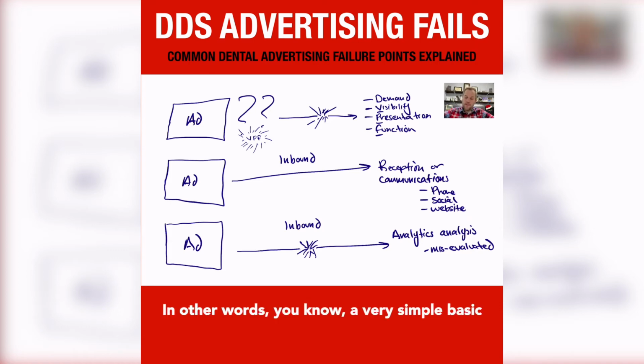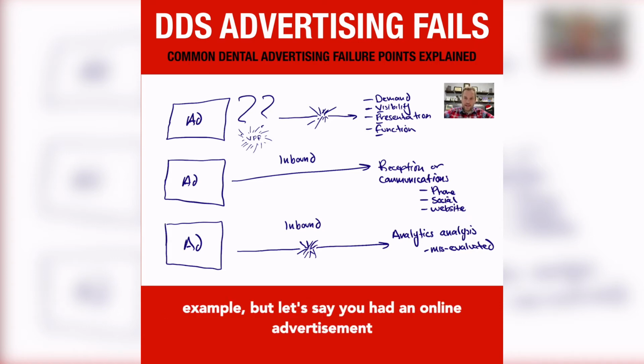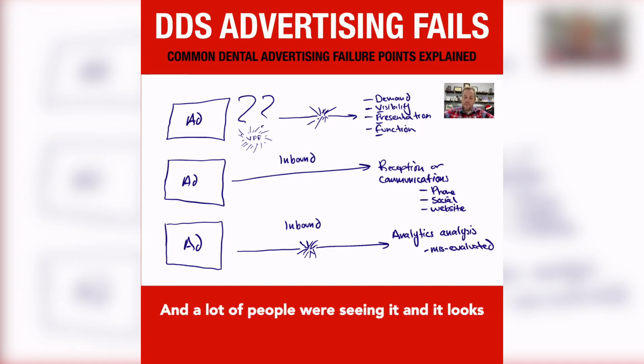A very simple, basic example: let's say you had an online advertisement and a lot of people were seeing it and it looks great, but someone goes to contact you and the phone number isn't working, or it's the wrong number, or the phone number doesn't exist, or there's just an online form, but they submit the form and there's another breakdown point in that it doesn't make it to someone at the office. So there's a lot of technical things that can come up in this function process, but all these are key to modern dental marketing success.